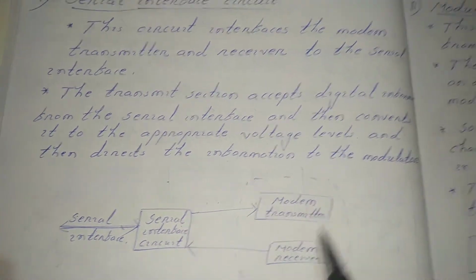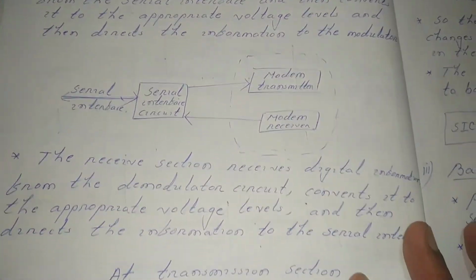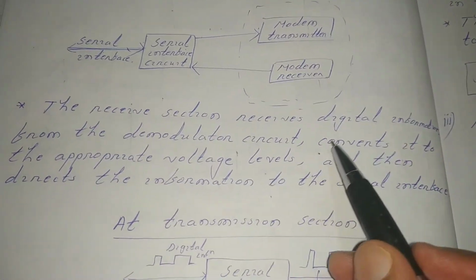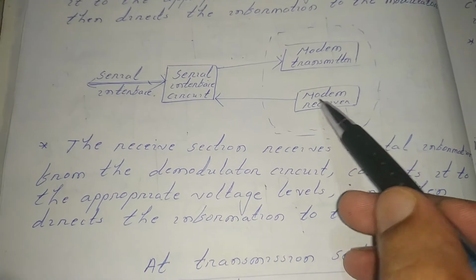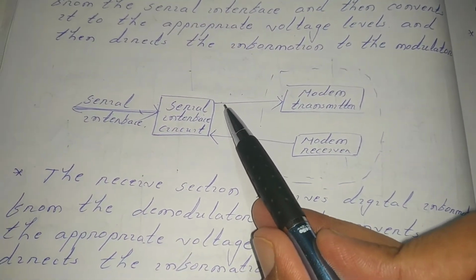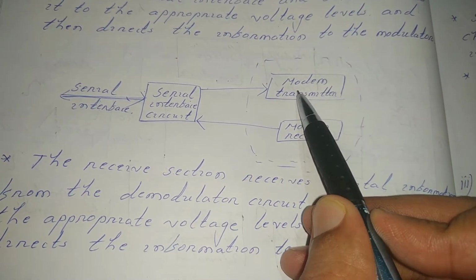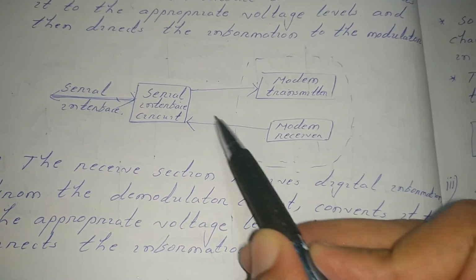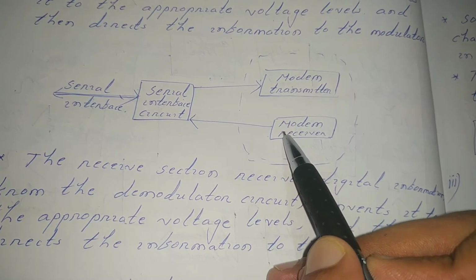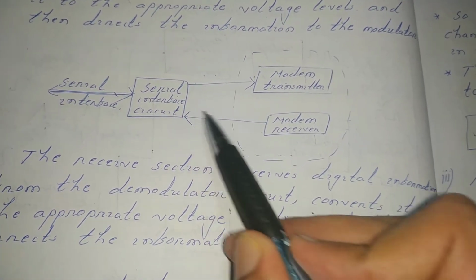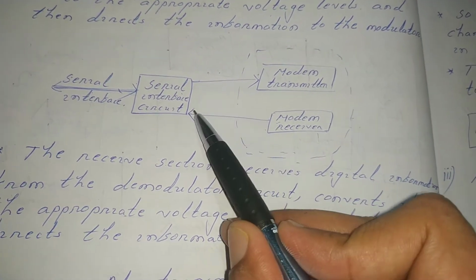So this represents the modulator section. And at the receiver section, see here, the arrow mark at the transmitter side is from the serial interface circuit to the modem transmitter, but at the receiver side the signal propagation direction is from the modem receiver to the serial interface circuit. That means it will do the reverse process.